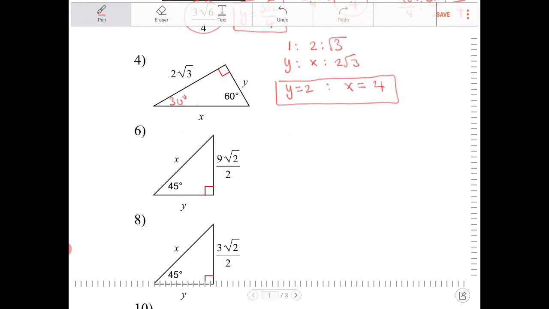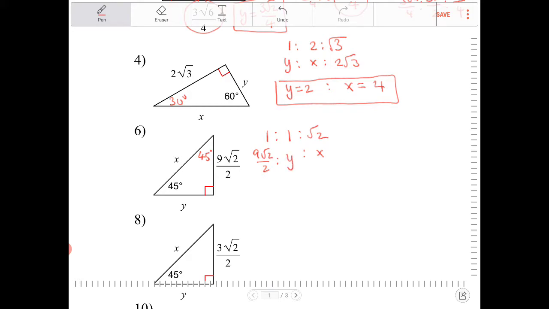Let's take a look at the next one. This is a 45, 45, 90, and the ratio of sides of a 45, 45, 90 is 1, 1, radical 2, where radical 2 is the hypotenuse. So I have x, and then I have 9 radical 2 over 2, and y.